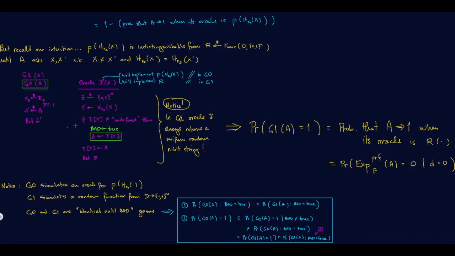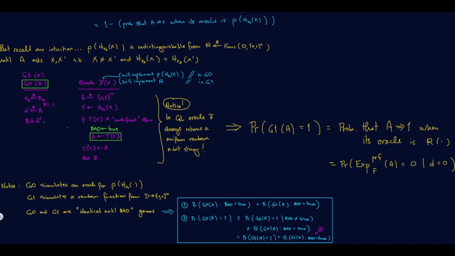We have exactly game G1, because you only ever execute these statements and these statements. And so the probability that G0 outputs a bit 1 from A, given that these statements never happen, is exactly the probability that G1 running with A outputs a 1. So this conditional piece can be replaced by this. Great.